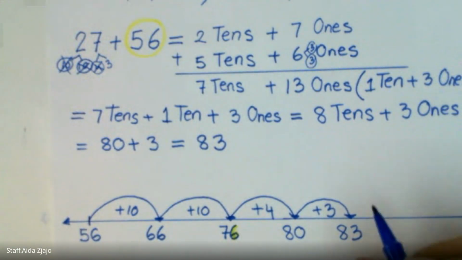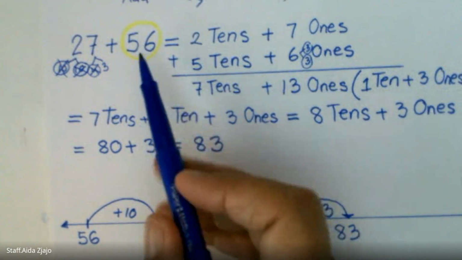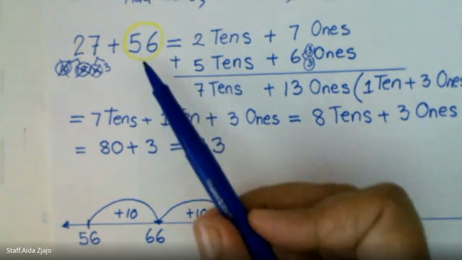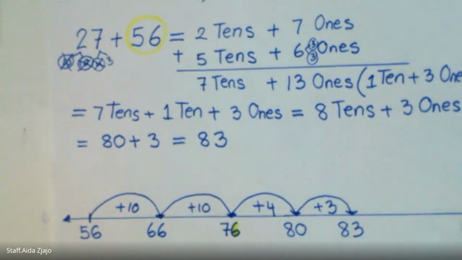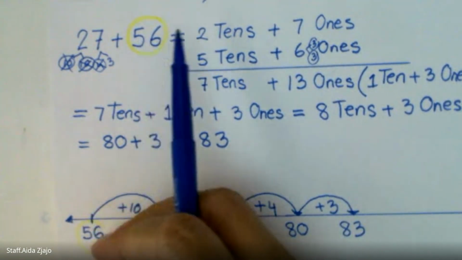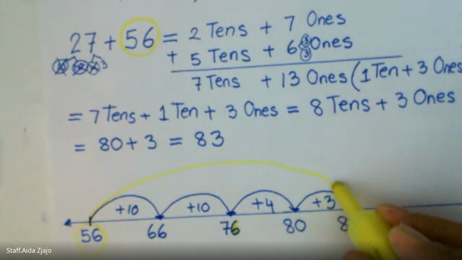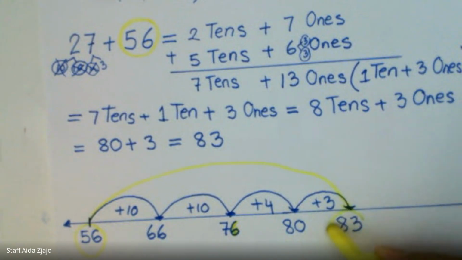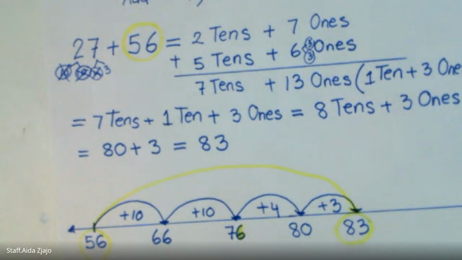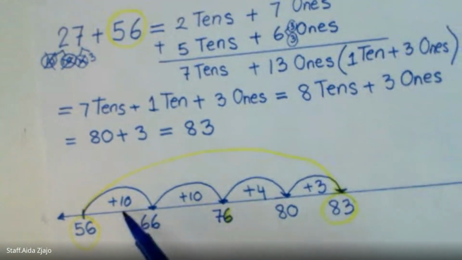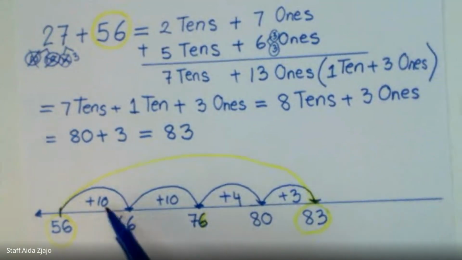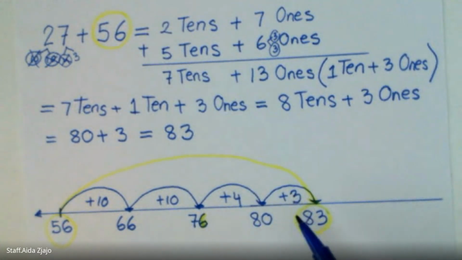So what I did is I used the commutative property. I took the bigger number, which is 56, and I added 27. Checking, 10, 20, 24, 25, 26, 27.